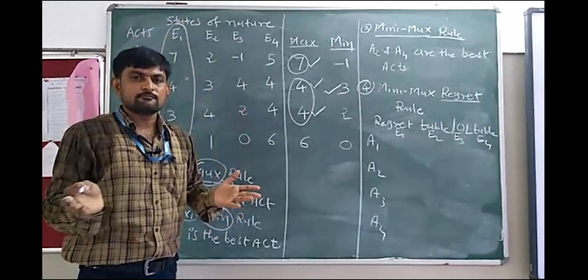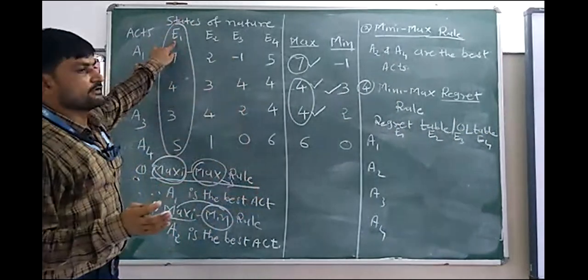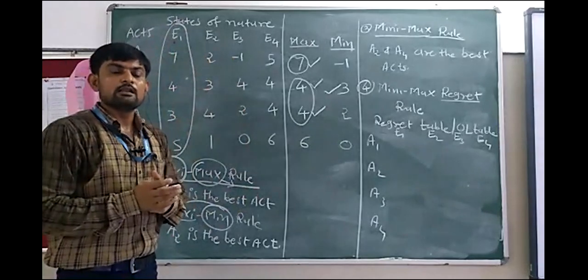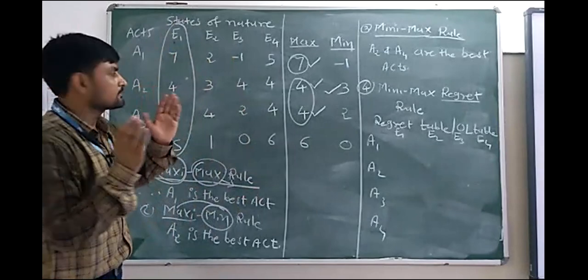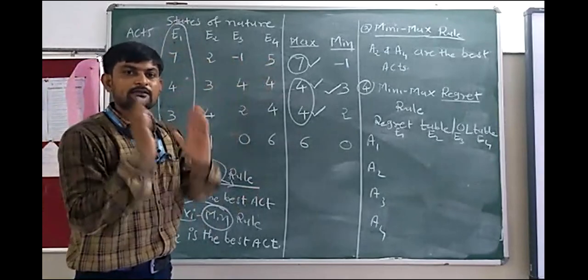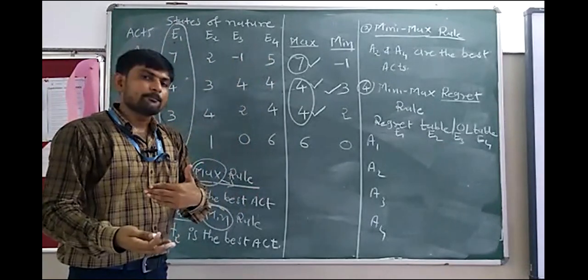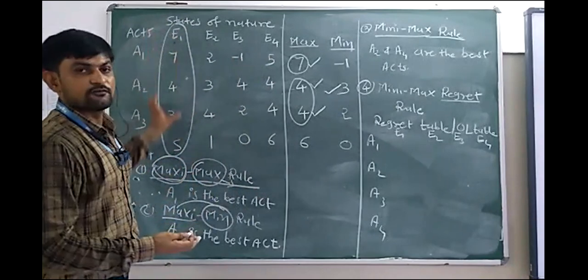In some cases, suppose you are given states of nature row wise, then we'll find the regret table or opportunity loss table row wise. Okay, so mind well, whenever you have to find the opportunity loss table, then always you have to go states of nature wise.